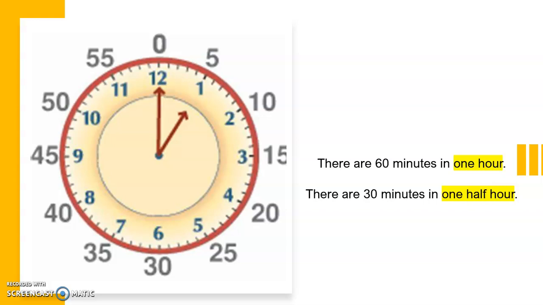So as the minute hand is moving, where's the hour hand going to get closer to? The 2. Okay, so by the time that minute hand makes its way all the way back to the 12, that means the hour hand is now pointed at the 2. An hour has passed. We also need to understand that there are 30 minutes in 1 half hour.